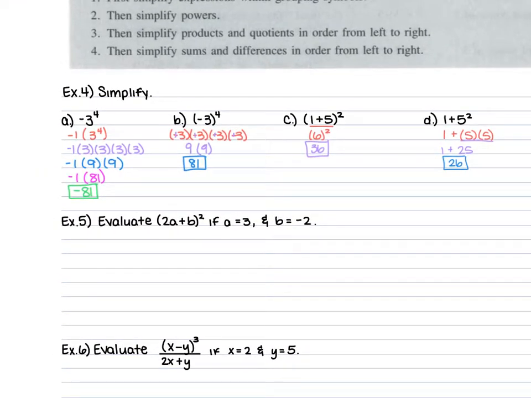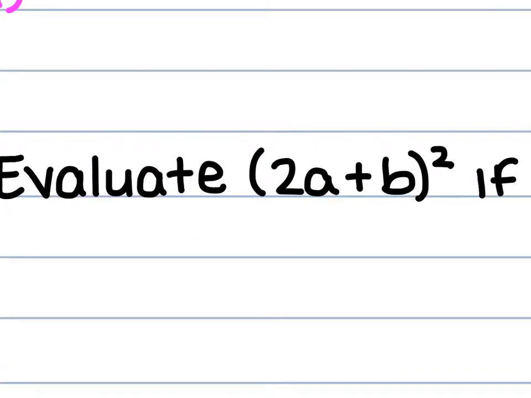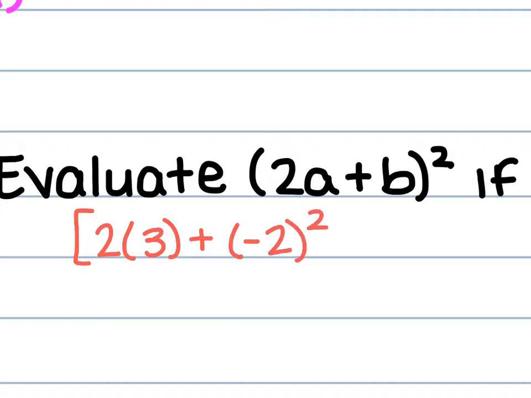For example 5, we're evaluating 2a plus b, squared, if a is equal to 3 and b is equal to negative 2. So we're plugging these in. So we're going to have 2 times a, which is 3, plus b, which is negative 2, squared. Think order of operations.